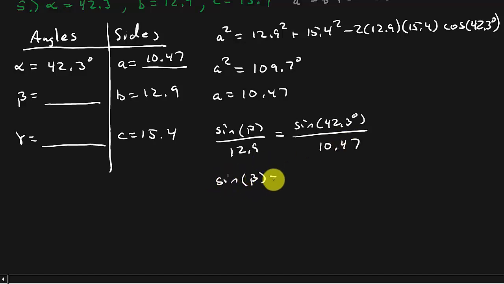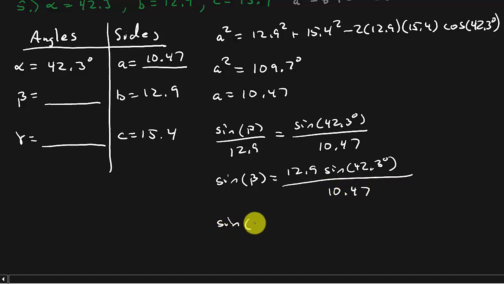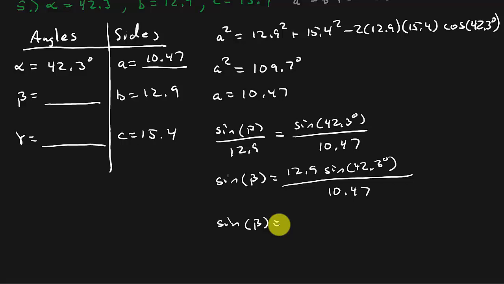So I get sine beta is equal to 12.9 times the sine of 42.3 degrees over 10.47. So what is sine beta? Let me put that in my calculator. 12.9 times sine of 42.3 divided by 10.47.